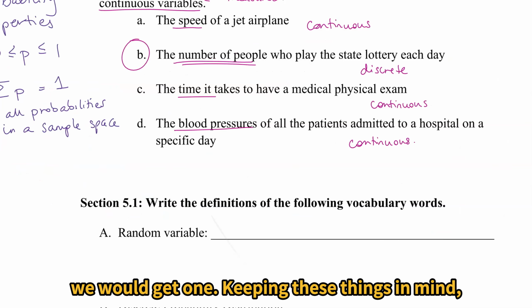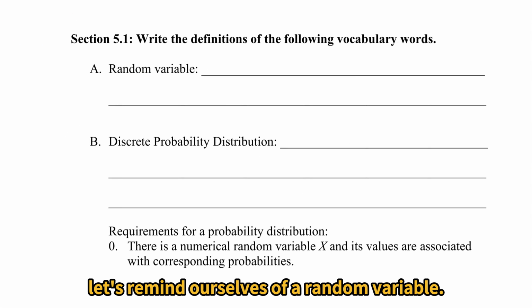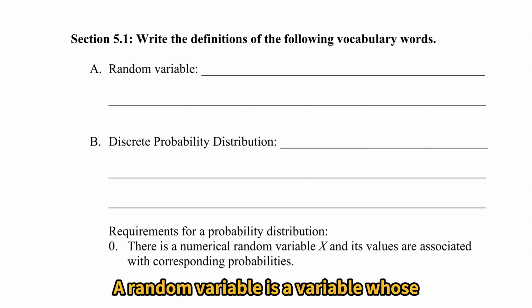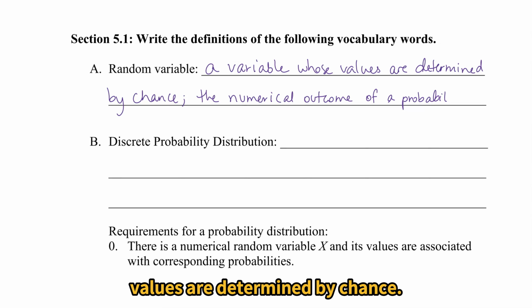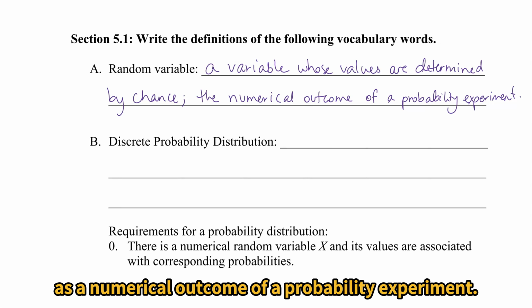Keeping these things in mind, let's remind ourselves of a random variable. A random variable is a variable whose values are determined by chance. We're also going to look at it as a numerical outcome of a probability experiment.